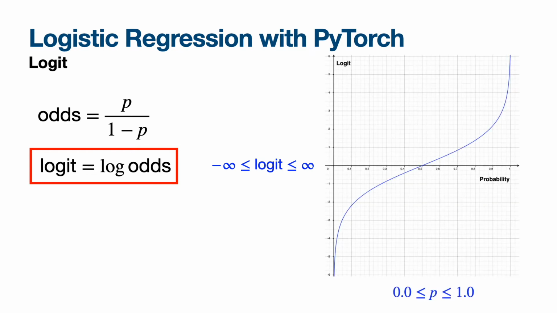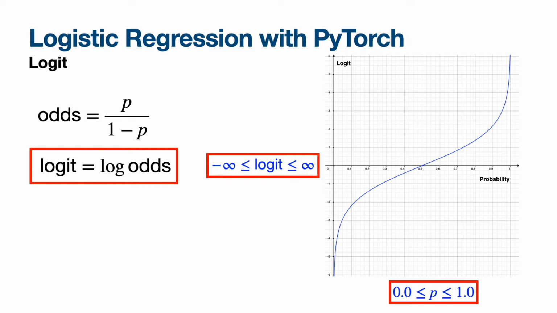Therefore, we can map from probability to odds, and odds to logit. We can also go from logit to odds to probability. As such, the larger the probability, the larger the logit towards positive infinity. And the smaller the probability, the smaller the logit towards negative infinity. Also, when the probability is 50%, logit is 0.